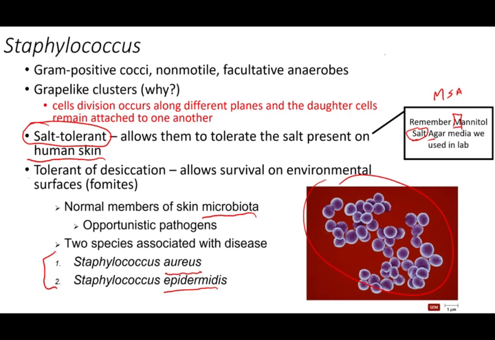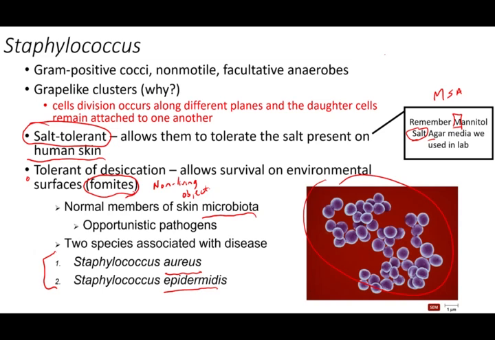One last thing that we have on here, we've seen this term before when we were talking about infectious disease. So fomite is again just a non-living object that microbes can survive on. And so Staphylococcus is one in which they are pretty resistant to drying out, or desiccation is another word for that.